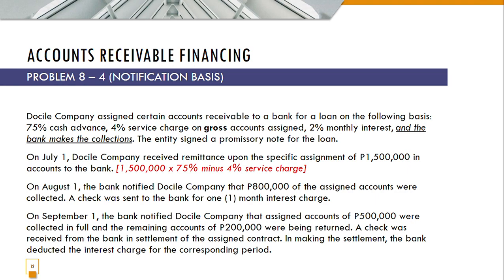A check was sent to the bank for 1 month interest charge. On September 1, the bank notified the Docile Company that assigned accounts of 500,000 were collected in full and the remaining accounts of 200,000 were being returned. A check was received from the bank in settlement of the assigned contract. In making the settlement, the bank deducted the interest charge for the corresponding period.